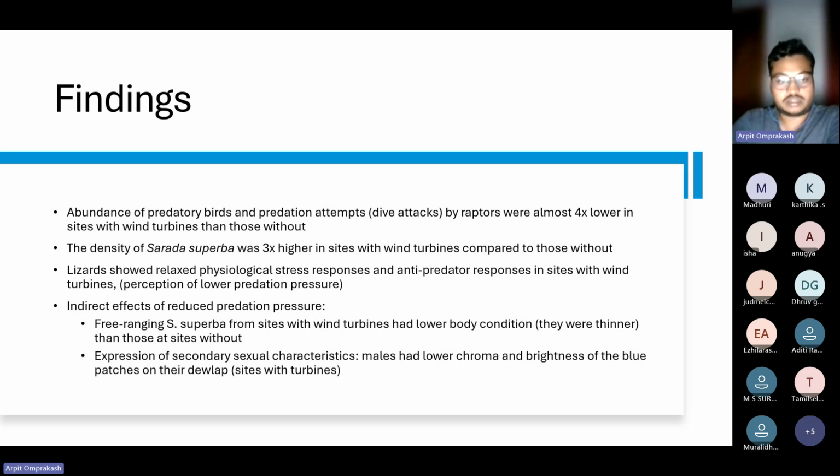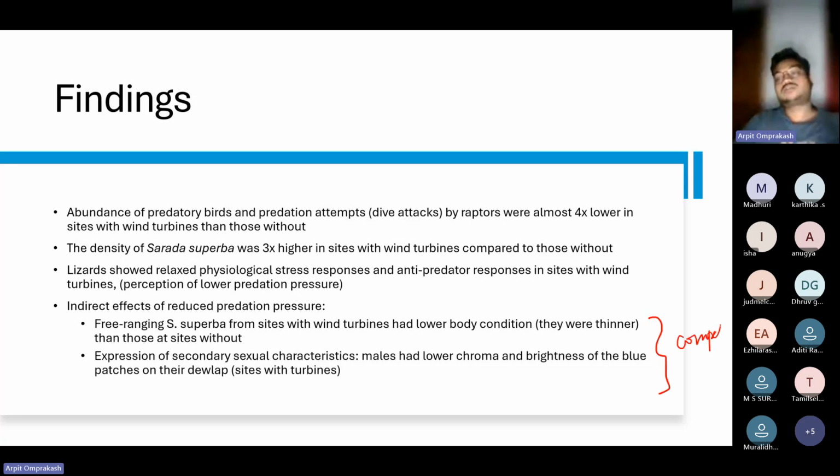That is, they were thinner than those at sites with no wind turbines. And the color and brightness of the patches in their dewlap, which is their throat fan, was less colorful and less bright in areas which had turbines. And this they attributed to competition between the individuals.